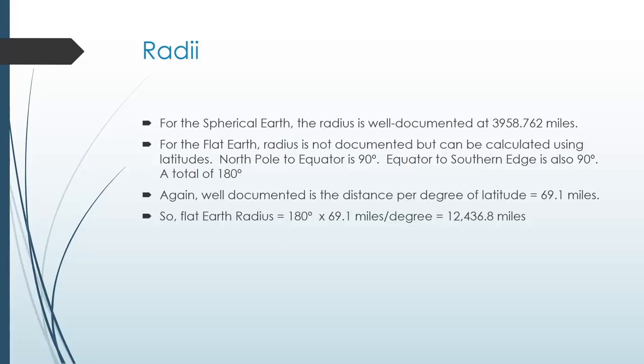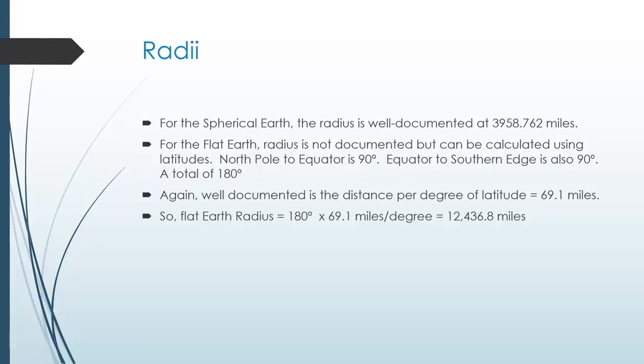For the flat Earth, the radius is not documented, but it can be calculated using latitudes. So the North Pole to the equator is 90 degrees. The equator to the southern edge is also 90 degrees, for a total of 180 degrees.